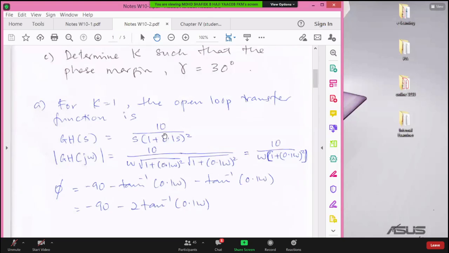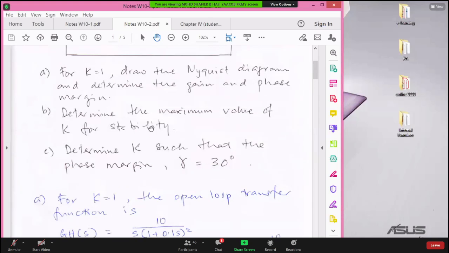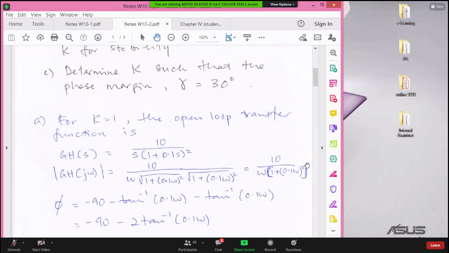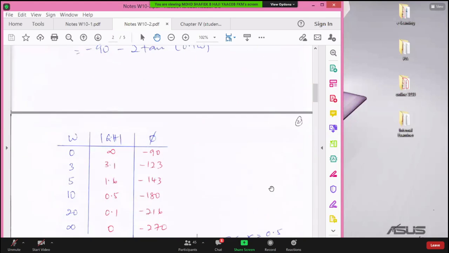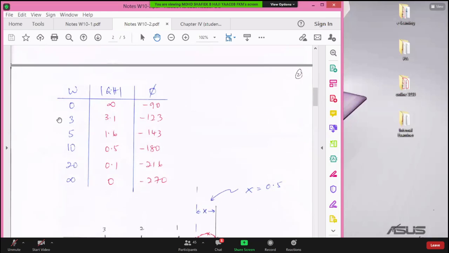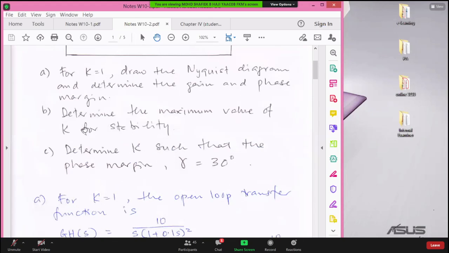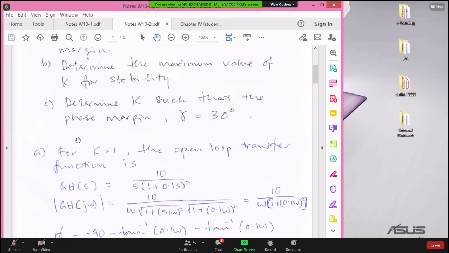So if you increase the value of k, all you do is increase the value of your magnitude. The phase angle is not going to change when you change the value of k.